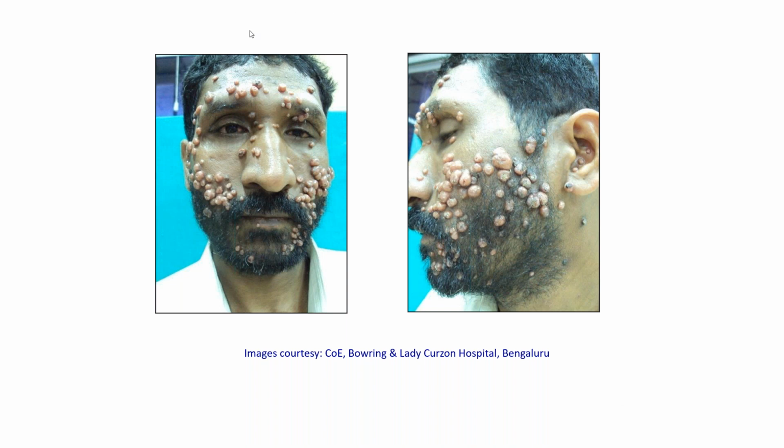These lesions are there on the face. Remember, many times these lesions are also there on the genital area, so you must look at the genitals of these patients for lesions. The first differential diagnosis of such lesions is always molluscum contagiosum. But remember, it is a differential diagnosis.